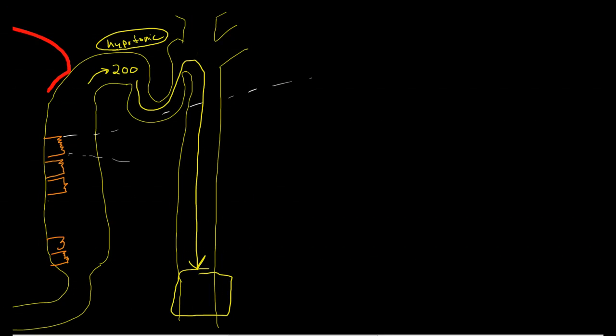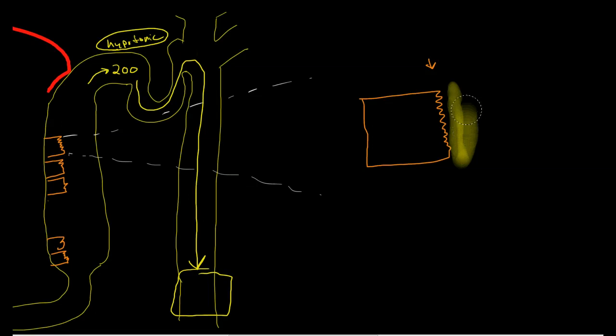So we have the cuboidal cells, and I'm drawing little cilia at the apical border. The apical border is, of course, bordering the inside lumen of the tubule.